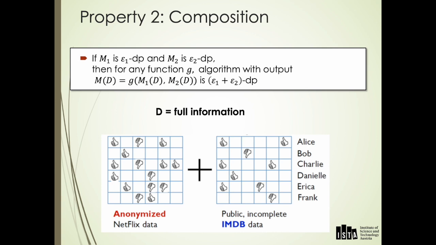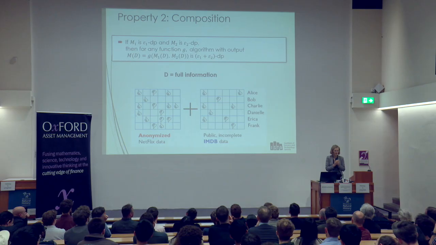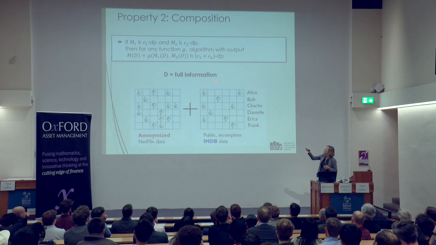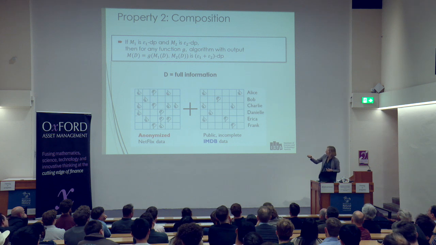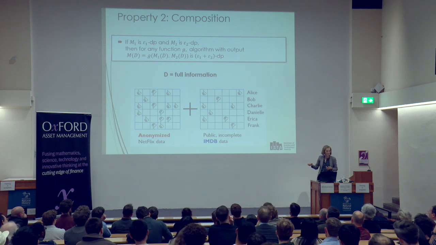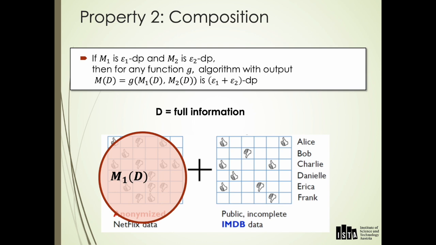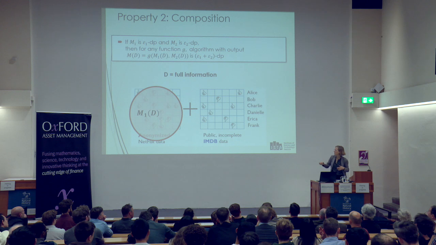Okay? So if we look, for example, back to this movie data, so let's say D is the true data, for all the users, whatever they looked at and whether they liked it or not. And then some of the data might be Netflix. So Netflix would be the first mechanism, and it discloses something. Now, as we said before, Netflix only anonymized the data, and you can show that anonymization does not fulfill epsilon differential privacy, meaning the epsilon would be infinite here.